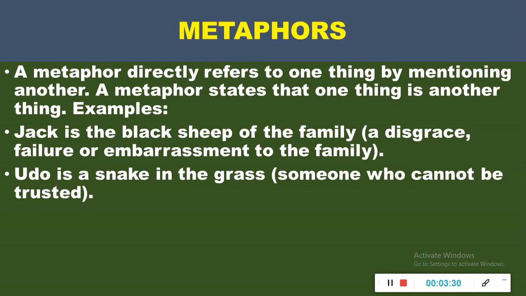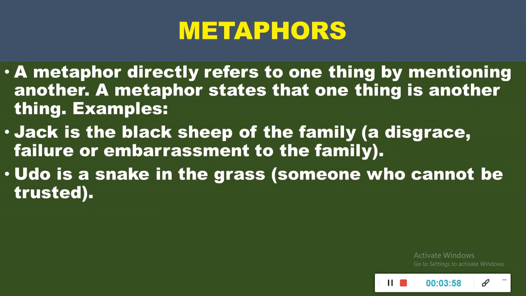Another example of metaphor is when you say Udo is a snake in the grass. So you are talking about someone who cannot be trusted. It doesn't mean that Udo is actually a snake in the grass, literally. It simply gives you the meaning that Udo is someone who cannot be trusted.